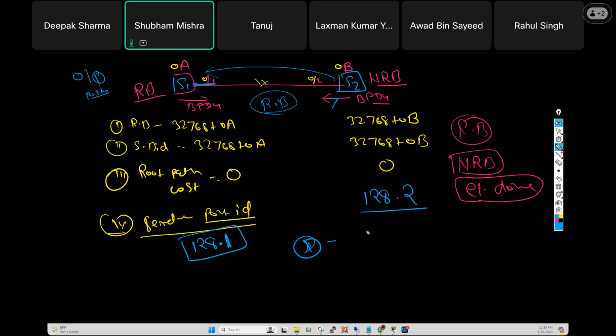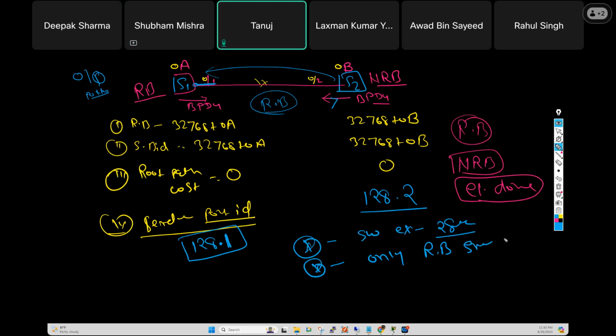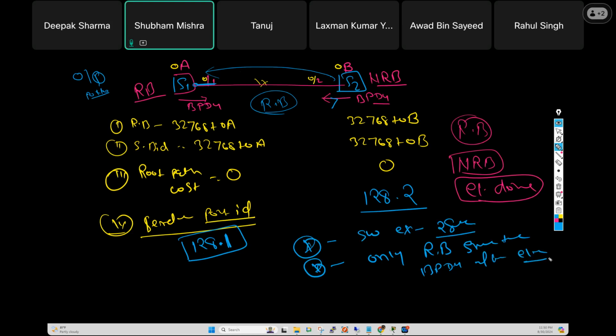First of all, please remember one thing. Switches exchange the BPDU after how much time, guys? After every 2 seconds. Point number 2: only the root bridge shares the BPDU after the election.